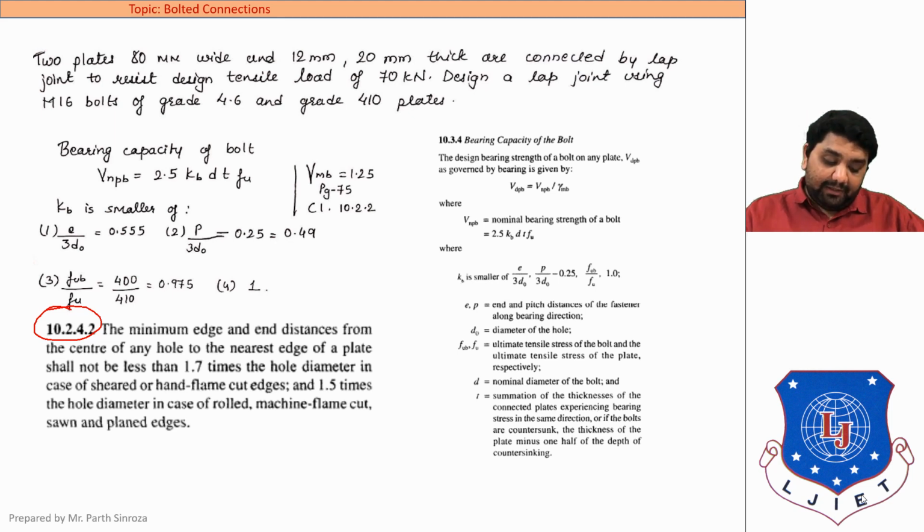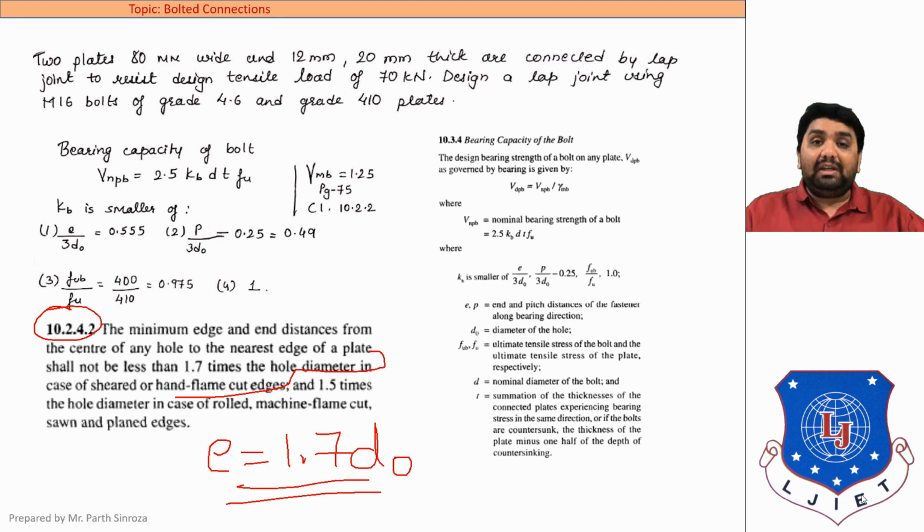In case of sheared or cut edges, we will be dealing with only this. The second portion we will not be dealing with in this semester. So for our syllabus, the value of e will always be e equal to 1.7 d0. Why d0? Because it is mentioned as hole diameter.